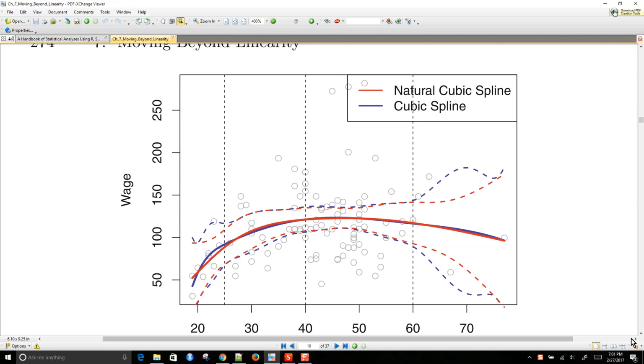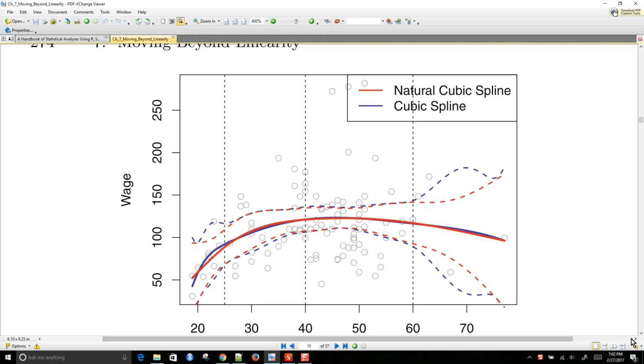Then this is always a question that is difficult to answer: how many knots should you have, and where should you put the knots? It's a hard question to answer.